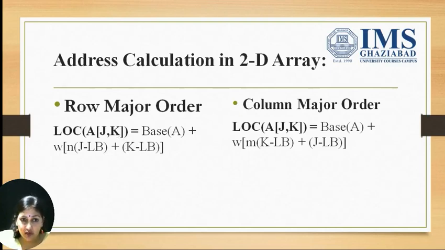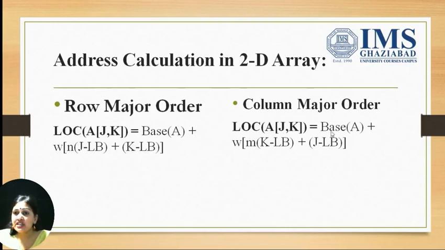Now, j minus lower bound of the row is multiplied by n, where n is the total number of columns in that two-dimensional array.